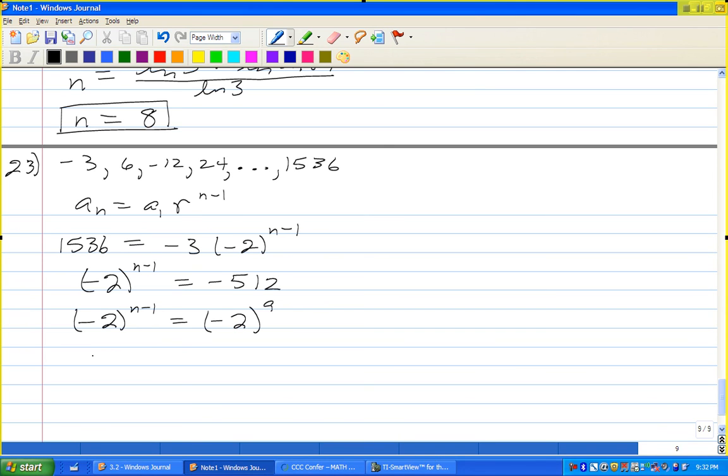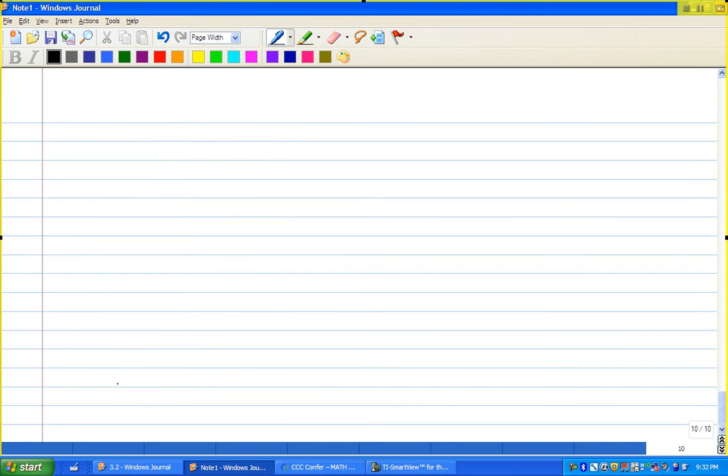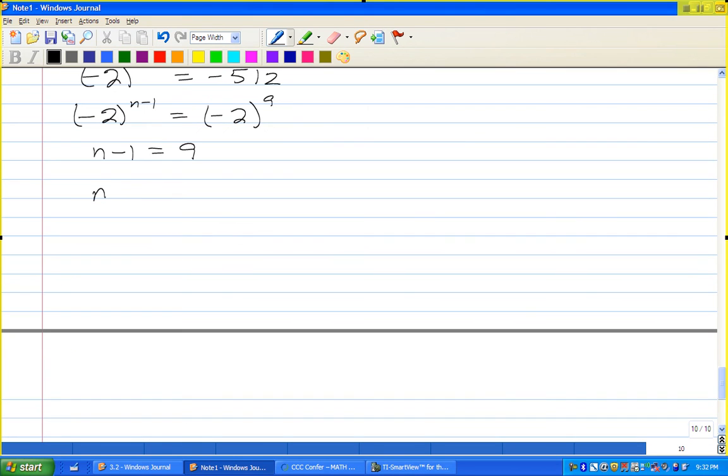And so, since the exponential function is injective and the bases are the same, then the exponents must be equal. So n is equal to 10. So there are 10 numbers in this sequence.